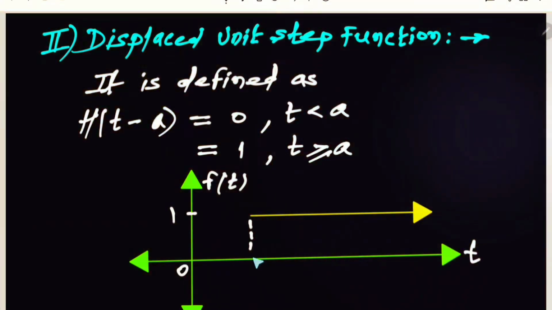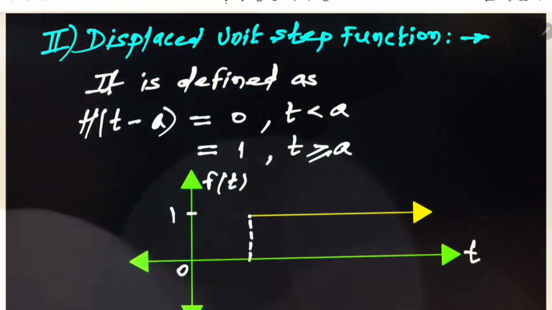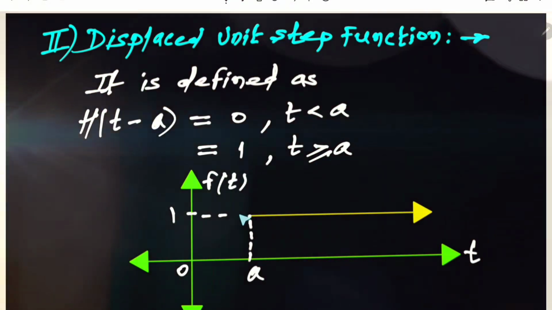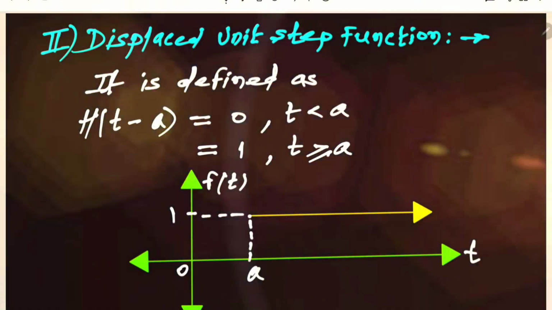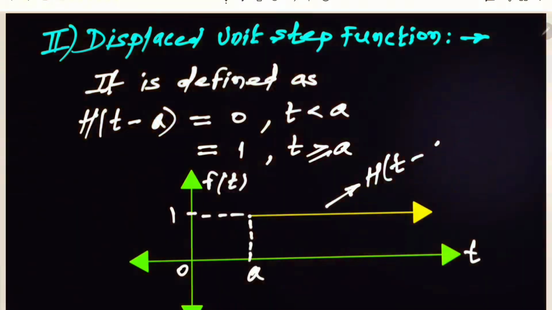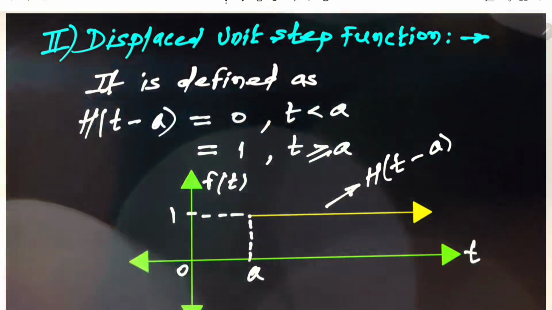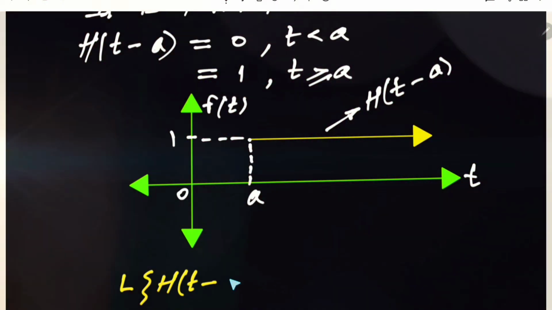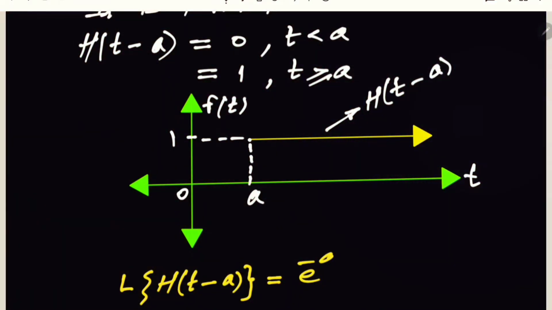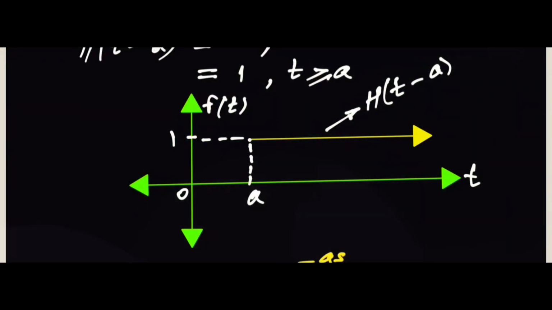Therefore, from a onwards towards right hand side, value is 1, and towards left hand side it is 0. This is the graphical representation of that displaced unit step function, denoted by h of t minus a or u of t minus a, and then its Laplace transform is e raised to minus as whole divided by s.